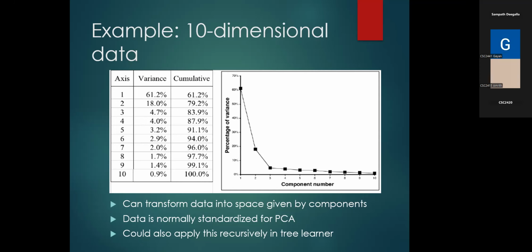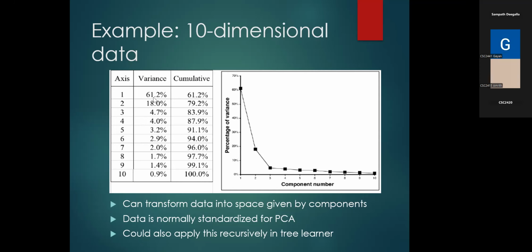Ideally, if you want to identify this experimentally, you can generate all the principal components and look at each one to see how the variance behaves, right? In this particular case, as I told you, the first principal component captures the largest variance.